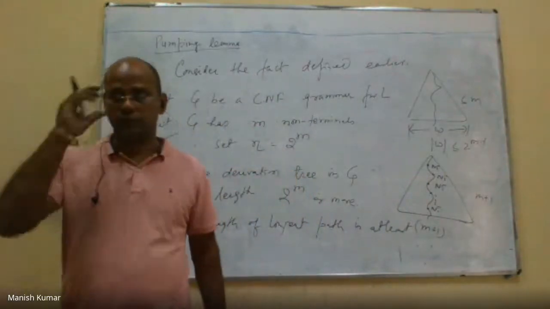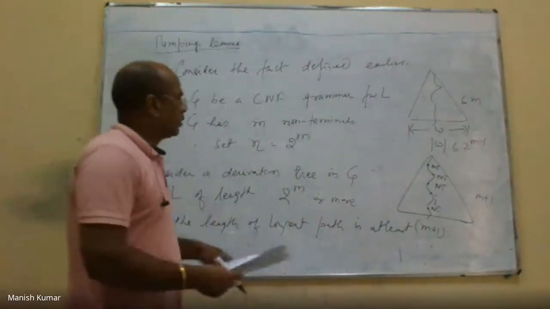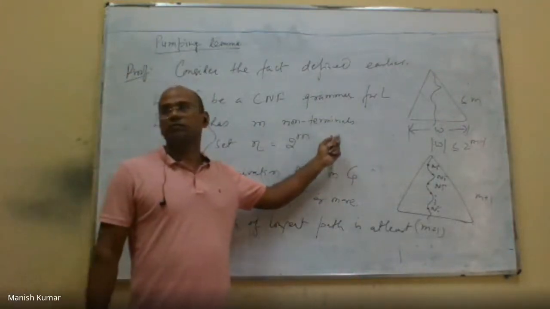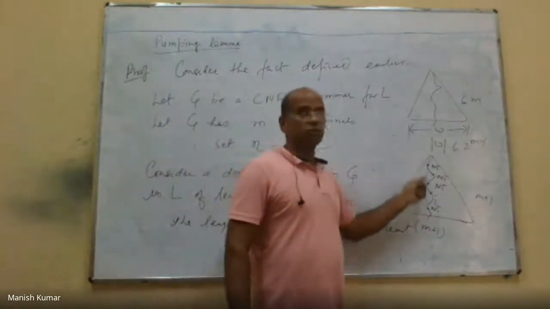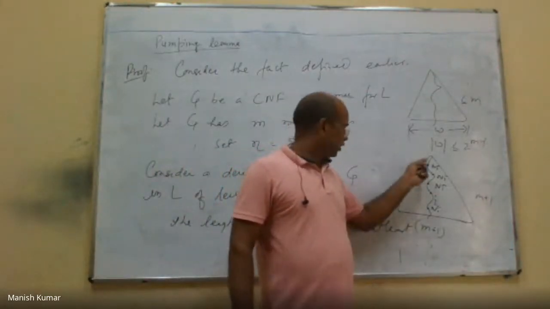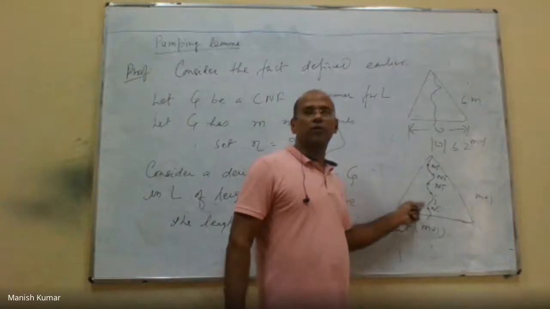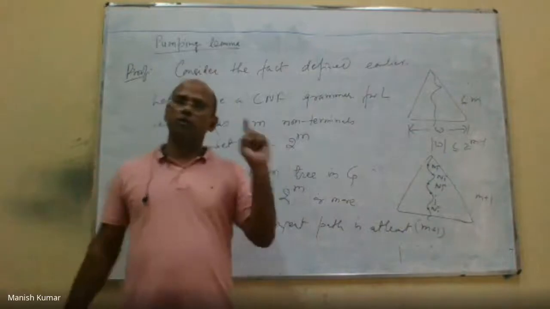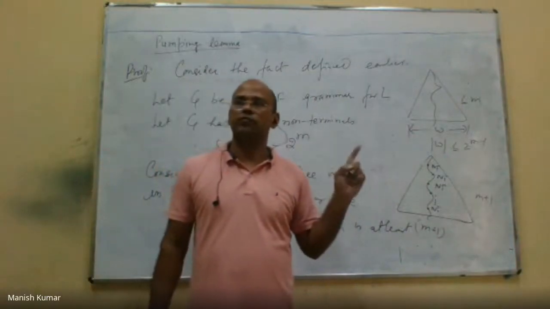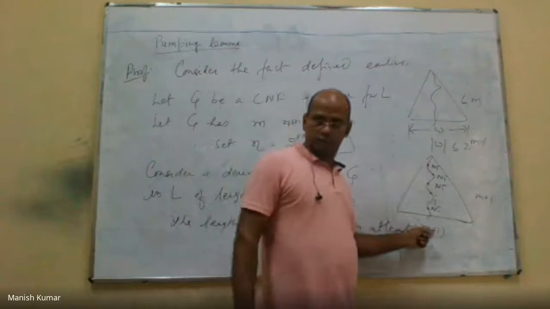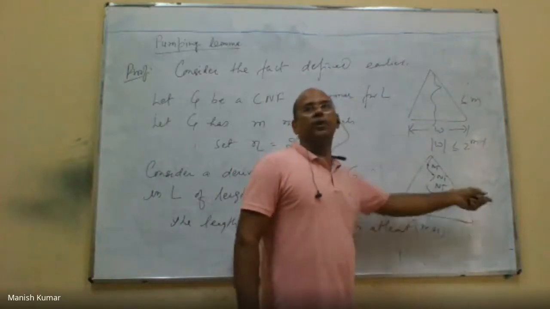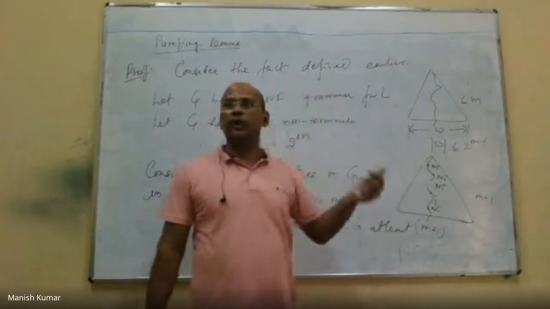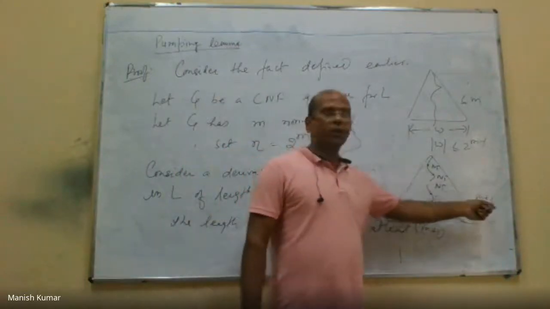Remember that G has only m non-terminals. So there is always a possibility that at least one non-terminal will be repeating somewhere, because m distinct non-terminals can generate only m levels, and we require m plus 1 levels.